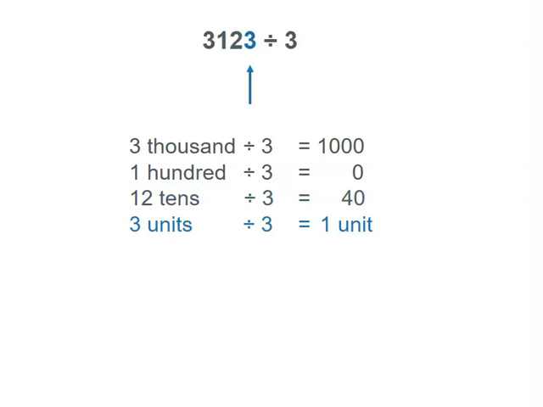Now our final digit is 3 units. 3 units shared among 3 people means they can have 1 unit each. So 3 divided by 3 equals 1. When we add those numbers together, we get 1,041. 3,123 divided by 3 equals 1,041. So it is similar to partitioning, but we're also doing some renaming here along the way for this one.